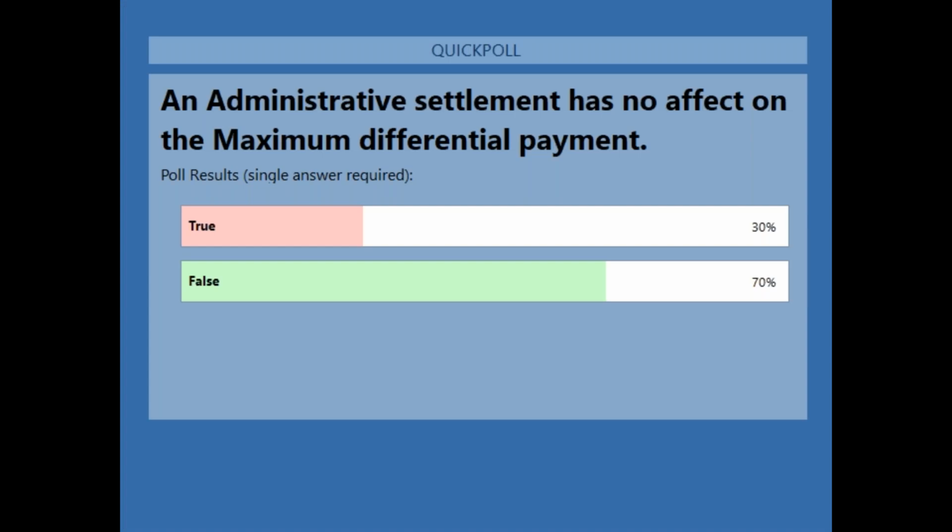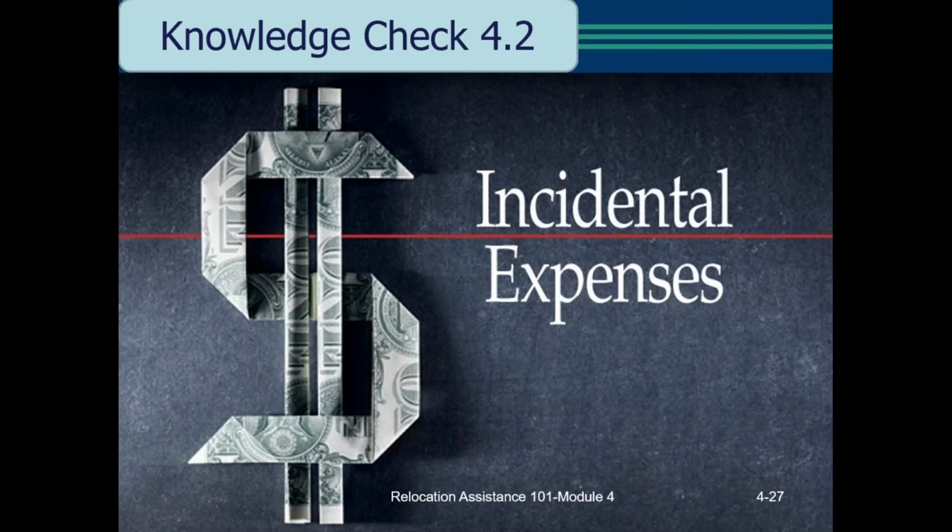And the correct answer is B. If there's an administrative settlement, that changes the acquisition amount and you have to recalculate. So if your fair market value originally was $75,000 and now it's $80,000, now you have to recalculate using the $80,000. So it will absolutely change your replacement housing payment.